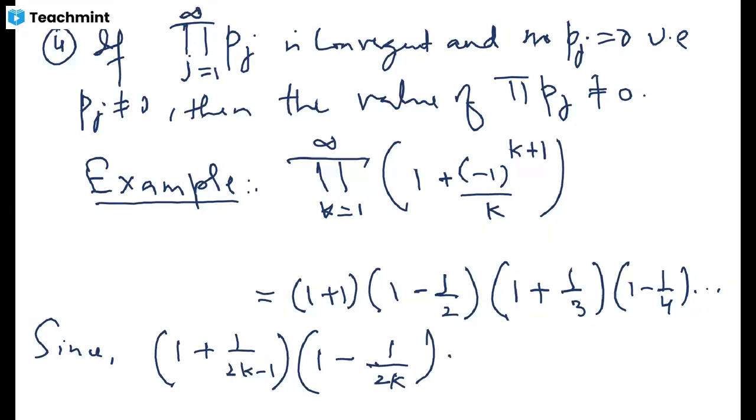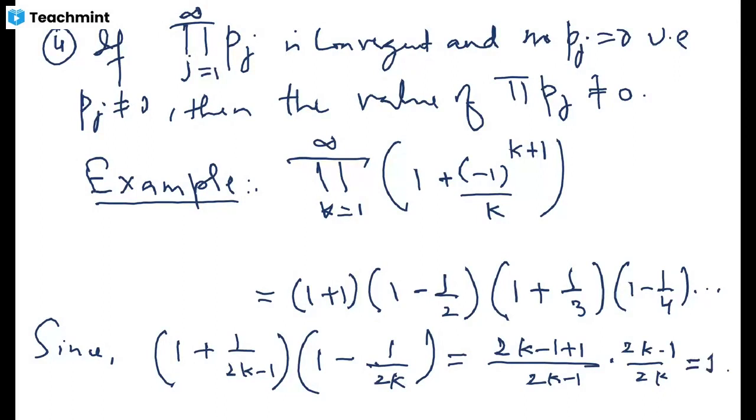Look at this product. What value are you going to get? If you simplify the first expression, it is 2k minus 1 plus 1 upon 2k minus 1, multiplied with 2k minus 1 upon 2k, and this is equal to 1.